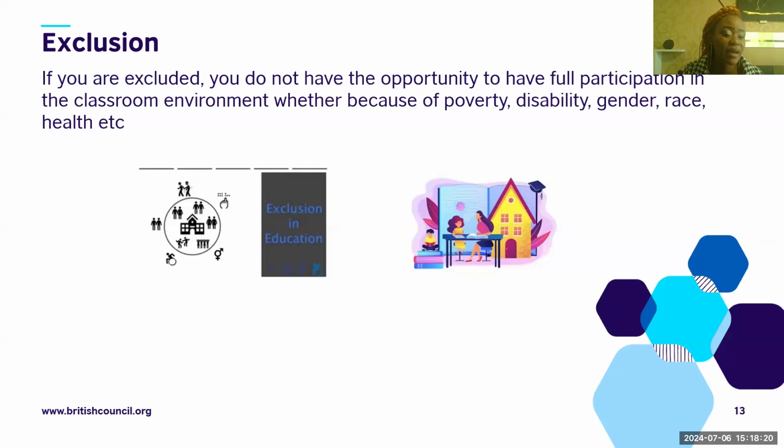Parents have different reasons, so they decide to homeschool a child. But this creates an exclusion because that child is not having lessons on a day-to-day basis with their peers. I think this also creates a problem because that child's social skills get limited. Next.